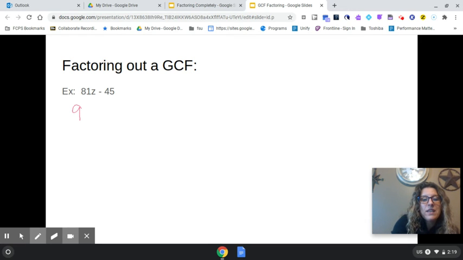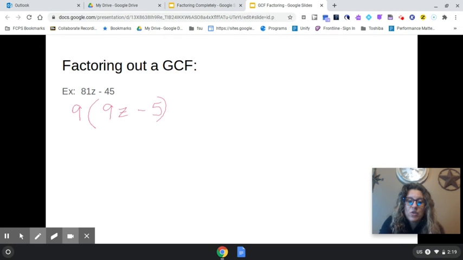Once you find it, that is the term that is going to go on the outside of the parenthesis. And then we think, 9 times what will give me 81z? Well, 9 times 9z will give me 81z. And likewise, 9 times what will give us negative 45? 9 times negative 5 will give us negative 45.